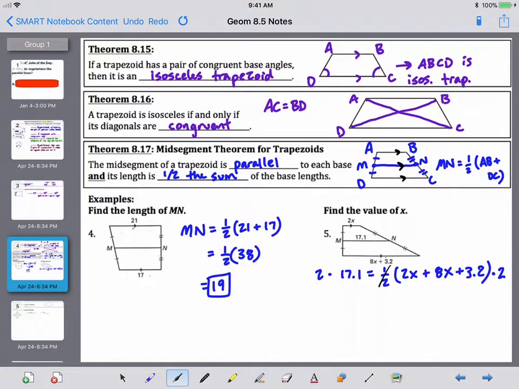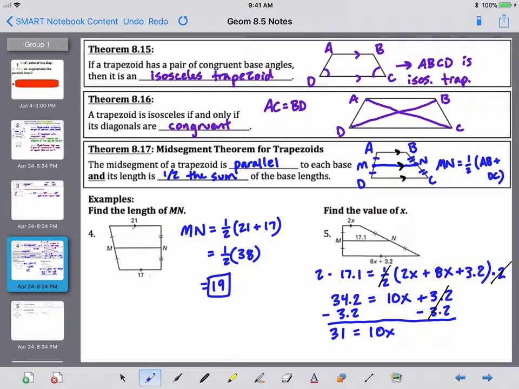So this 1/2 and this 2 will cancel. And if you double 17.1, you get 34.2. And now what we have left over on the other side, we can combine 2x and 8x, giving us 10x plus 3.2. And let's go ahead and subtract 3.2 from both sides. So these will cancel. And we end up with 31 equals 10x. And notice if you divide both sides by 10, you end up with 3.1 for our value of x.